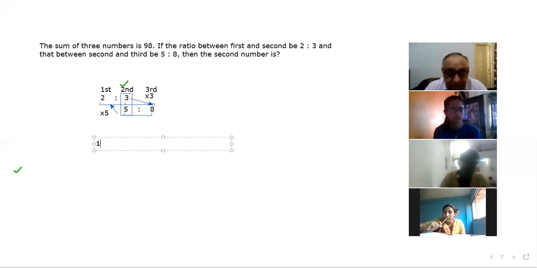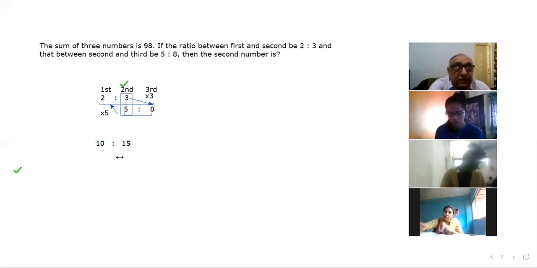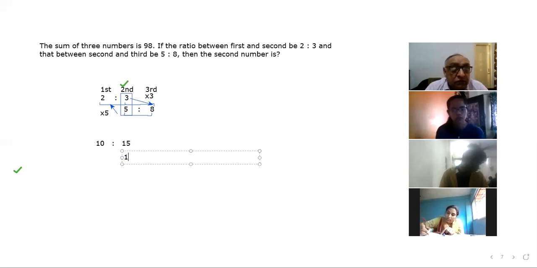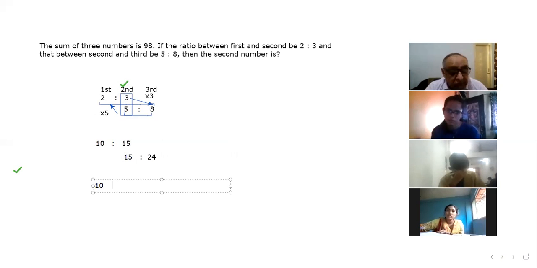So the first and second will be in the ratio 10:15 if we multiply by this. And the below, if we multiply by 5, it will become 15:24. So now the ratio of the 3 numbers is 10, 15, and 24.